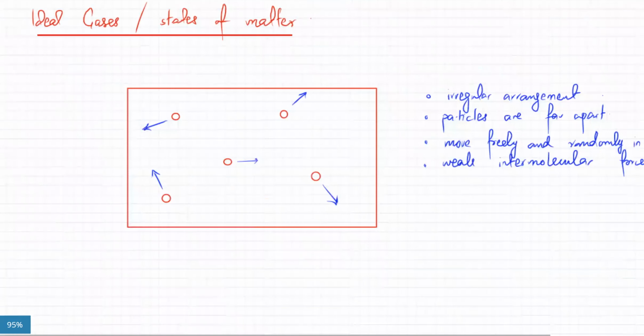When you talk about ideal gases, you're basically trying to create a model of a gas, and you're trying to derive certain formulas by looking at how the gas would behave. Your assumption is that you're going to apply those formulas on a real gas, an actual gas.